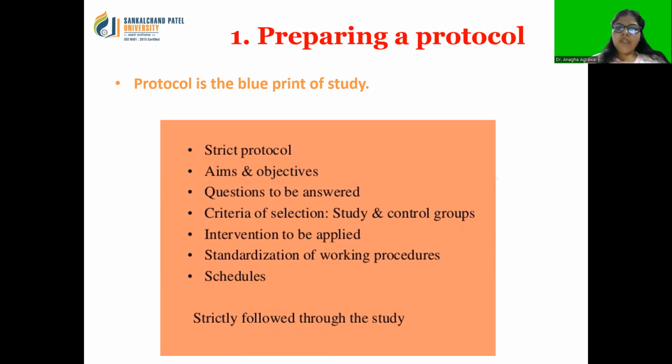Intervention to be applied, which intervention you're thinking of, which is your gold standard intervention with which you're going to compare. Standardization of the working procedure as well as the working instruments, and schedule for the entire experiment have to be written into the protocol. And this protocol has to be subjected to ethical review, so that if there are any ethical glitches, they can be sorted out.